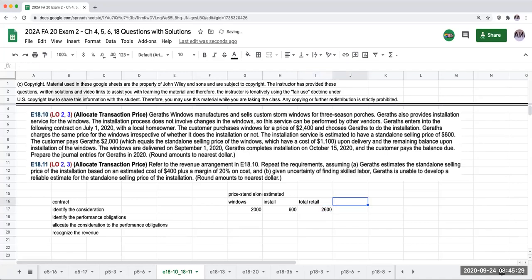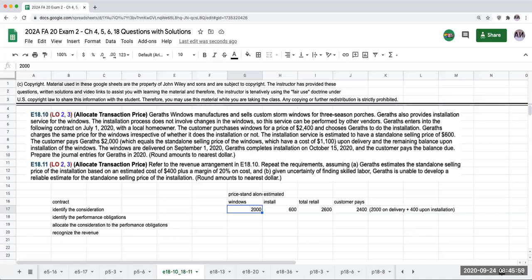However, the customer pays $2,400, right? The customer is going to pay $2,000 on delivery plus $400 upon installation. Okay, so we have an issue. The total amount of our retail price is greater than what the customer is paying for this.